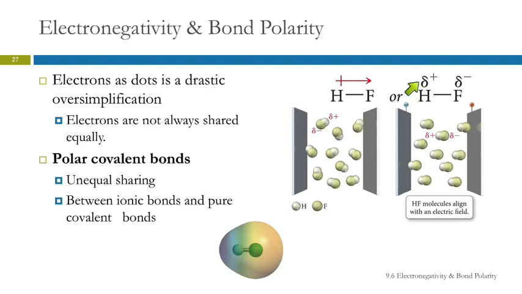It looks like a D with posture issues, a slouching D. So delta positive and delta negative. That stands for a partial positive charge and a partial negative charge. If this was ionic, it would be +1 and -1. But it's partial, so it might be +1/3 and -1/3, or something like that.